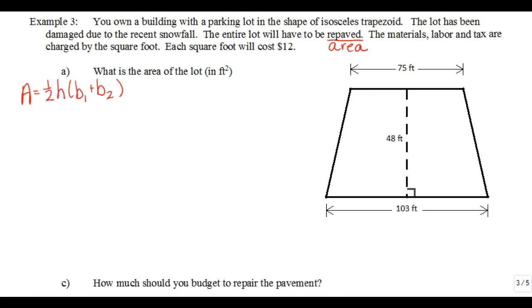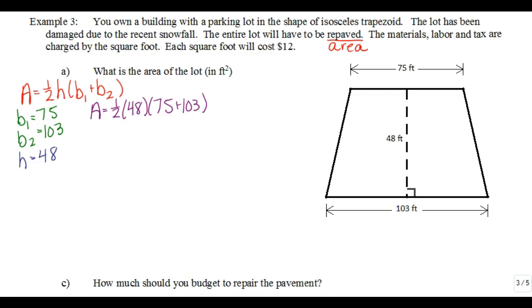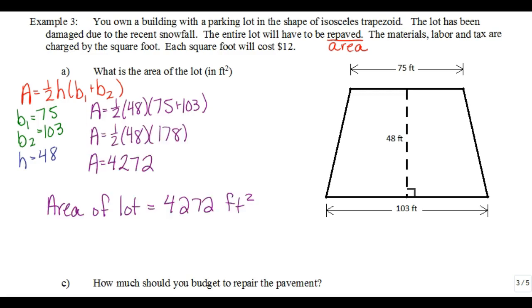All of our information is given, so we'll use these numbers in our formula. So we get the area of our trapezoidal parking lot is 4,272 square feet.